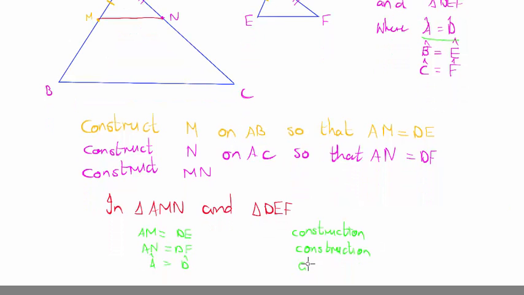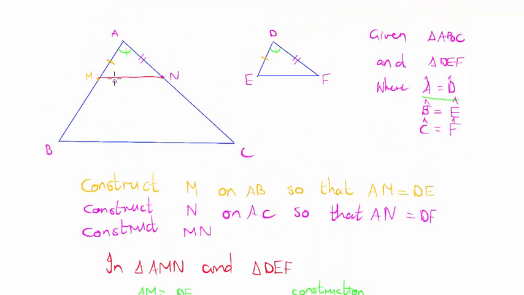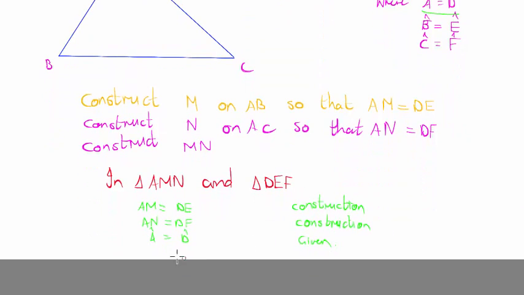So now look what we've shown in these two triangles. We've shown that two sides are equal, and the inclusive angle between them is also equal. So we have shown that triangle AMN is congruent to triangle DEF. That means they are exactly the same in shape and size.